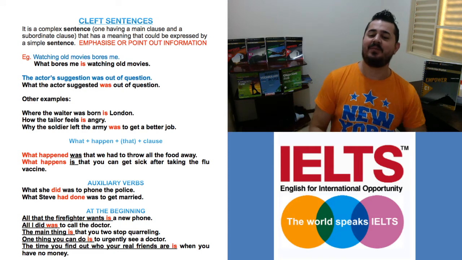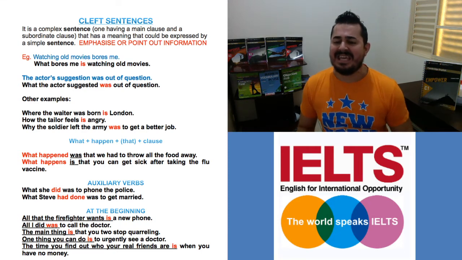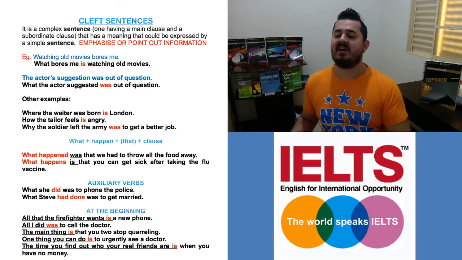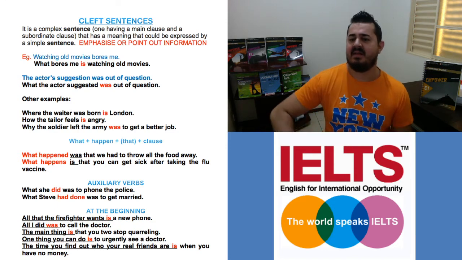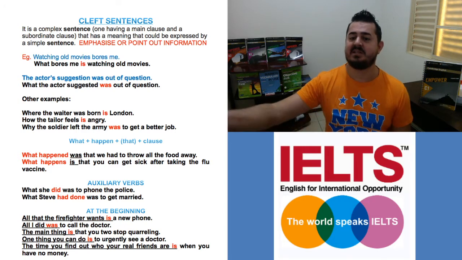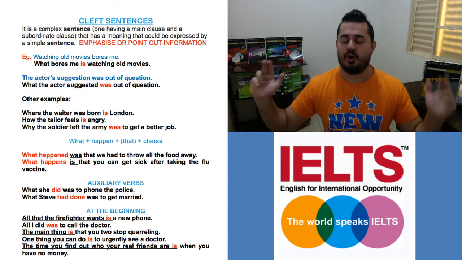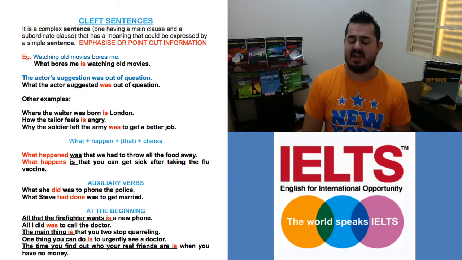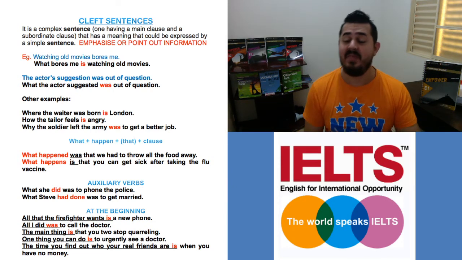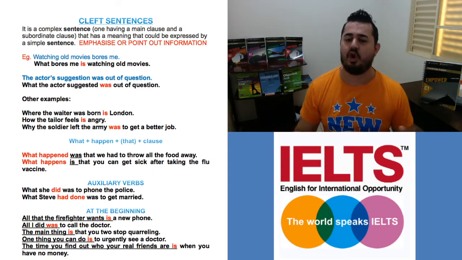Another example. What happens is that you can get sick after taking the flu vaccine. Again, the conjunction that is optional because of the verb to be right after the verb. It's called that clauses. And if you want to learn more about that, you have to watch my next class, which is about that clauses, alright?